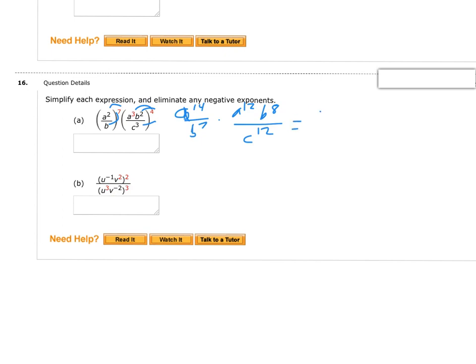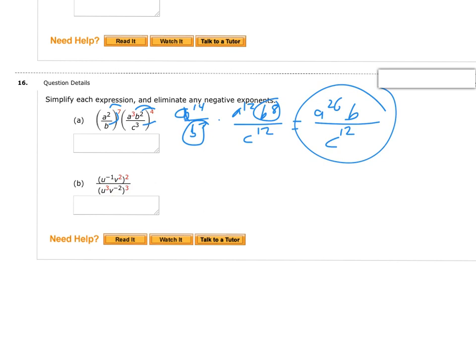So the a's are going to combine forces since they're on the same level. They're both up top. So that'll be the 26th power. The b's are actually going to battle. So we have 7 down here and 8 up there. So the top is going to win that by 1. Now when we have the first power, I wouldn't actually write it there. And then on bottom here, I have c to the 12th. It really didn't have anybody to battle or combine with, so I'm going to leave it like that.